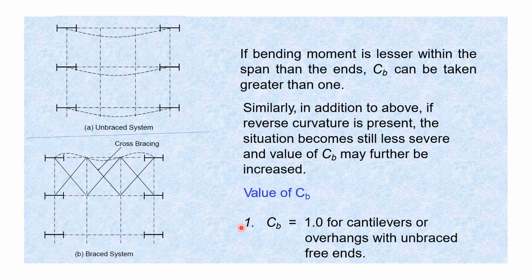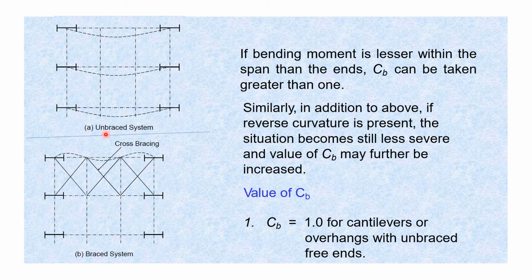How? See here. Here are columns, and when, for example, lateral sway or lateral force comes, there is a bending phenomenon in the main beam. But if we provide the cross bracing, you can see the bending is not much at the maximum.